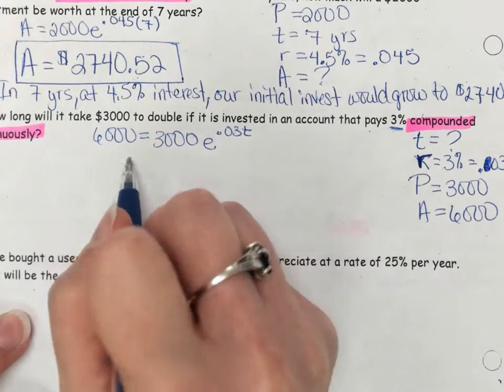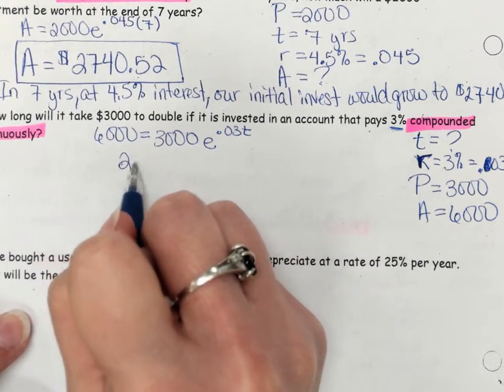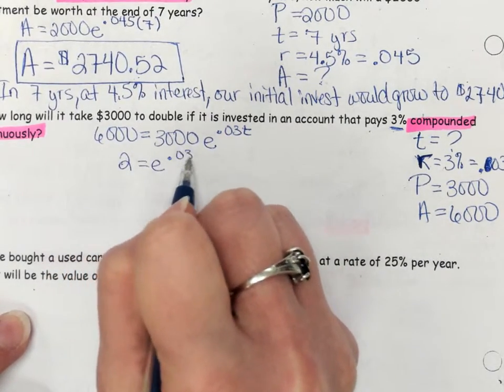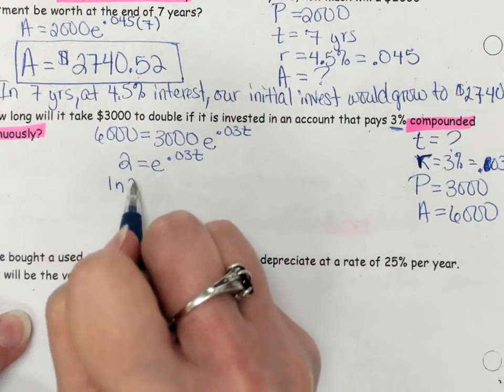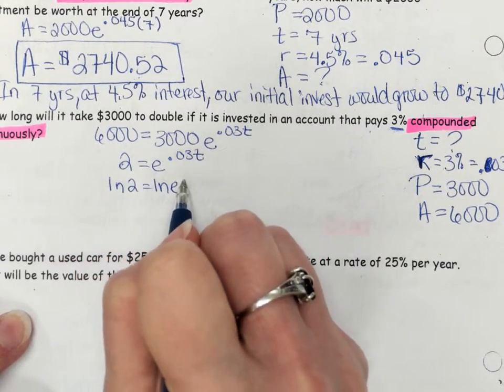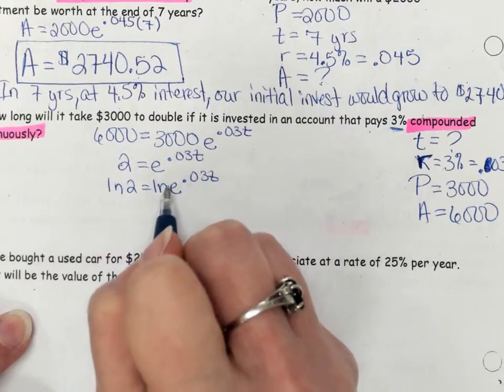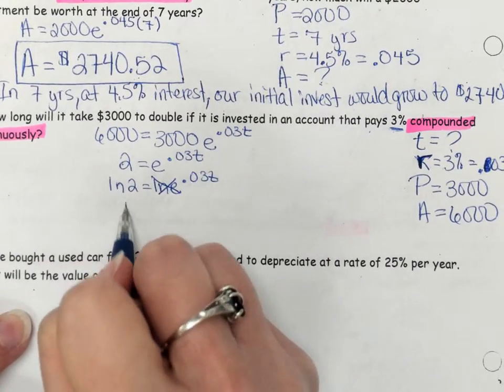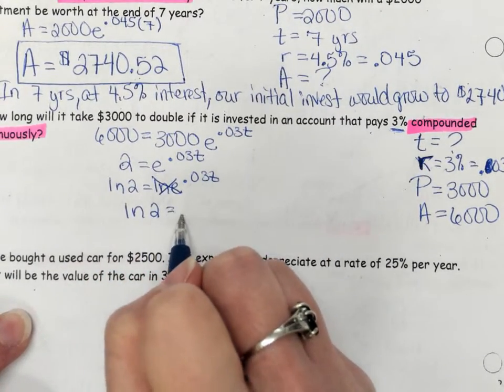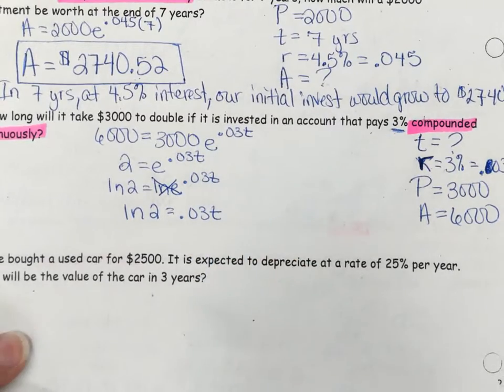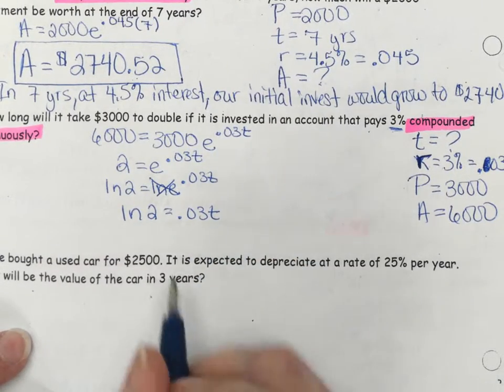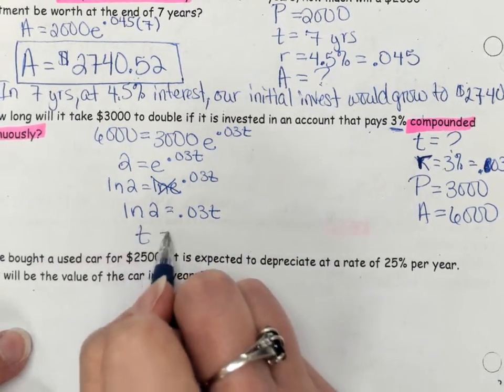Divide. And when you divide 6,000 by 3,000, you get 2. e to the 0.03t, and then you do the natural log on both sides to get rid of the e. So you got natural log of 2 equals 0.03t. And then you would divide.